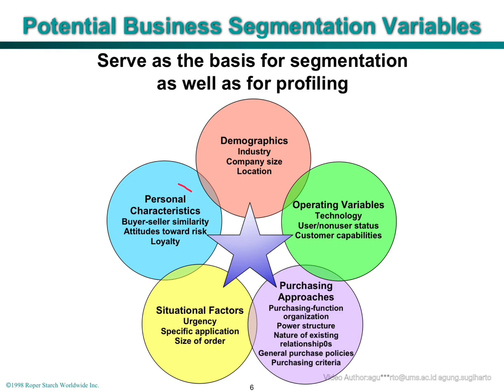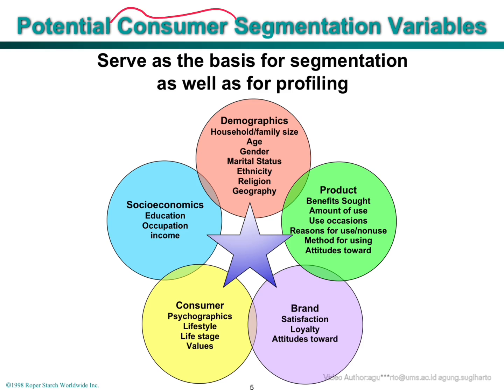And then the personal characteristics: buyer-seller similarity, attitude toward risk, and loyalty. Those are the variables in business segmentation, as opposed to the customer segmentation before.